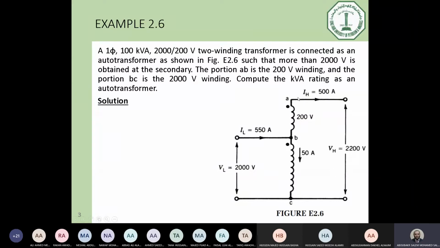If the insulation of the secondary, the 200 volt coil, cannot support this voltage, the insulation will be damaged and the transformer will be burned. We cannot make this connection if the 200 volt coil is not sufficiently insulated to support the 2200 volt. So not all transformers can be connected like that. We have to check the insulation of the transformer first in order to recognize whether we can apply this connection or not.